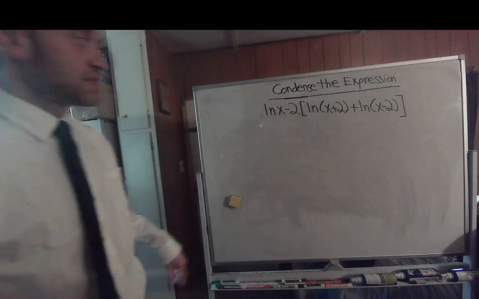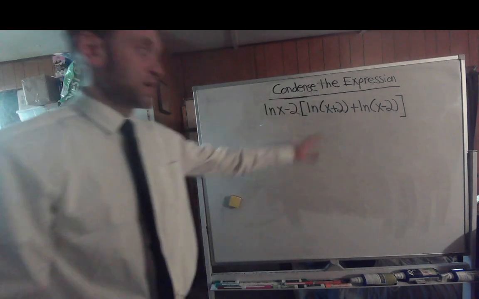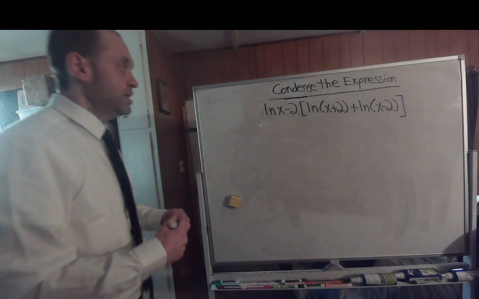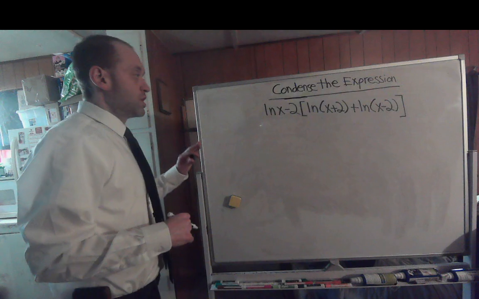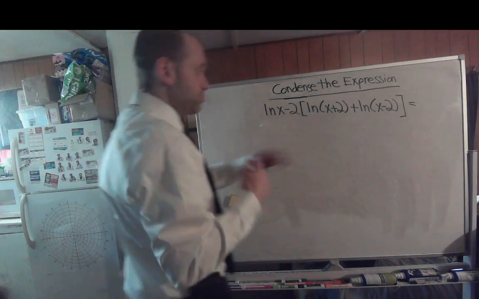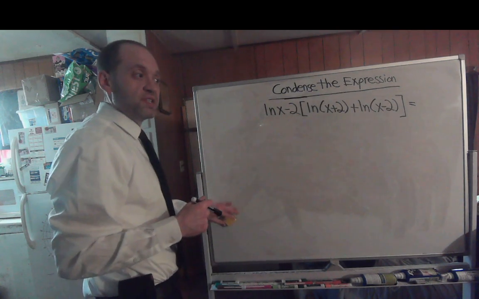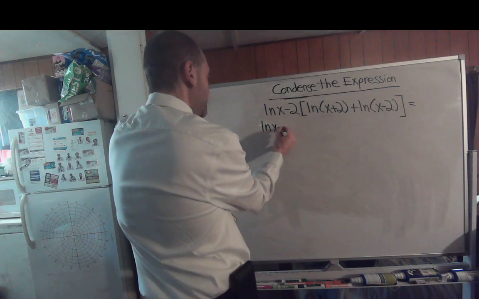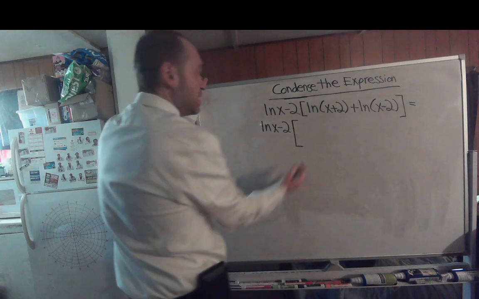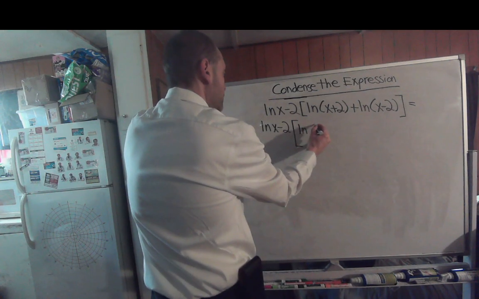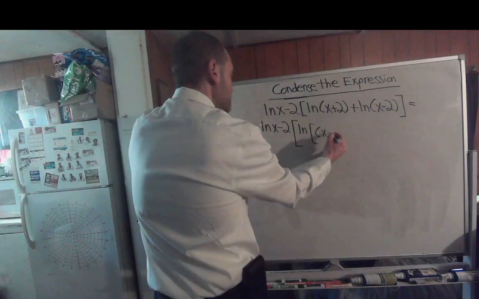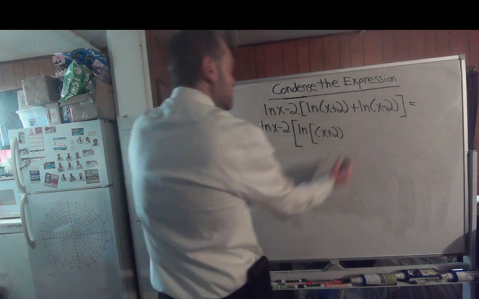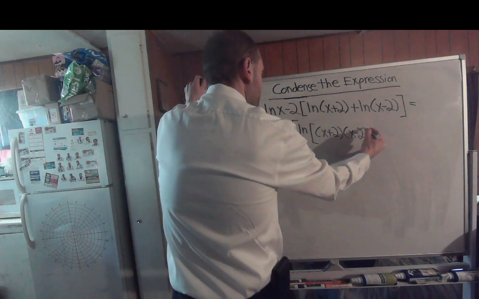Alright, so this has just changed a little bit. I think it's clear we want to start with the second term and work inside of our brackets per the order of operations. So let's ignore everything outside of the brackets. Inside the brackets you have the sum of two logs, which is the same as the product rule, right? So this would turn into the natural log of x minus 2 times the quantity of the natural log of x plus 2 times x minus 2.